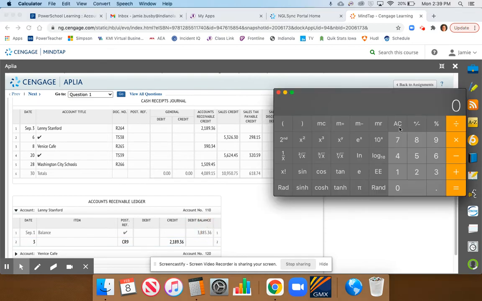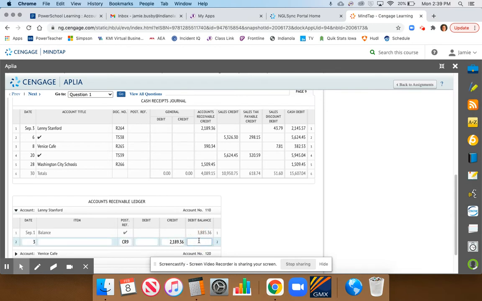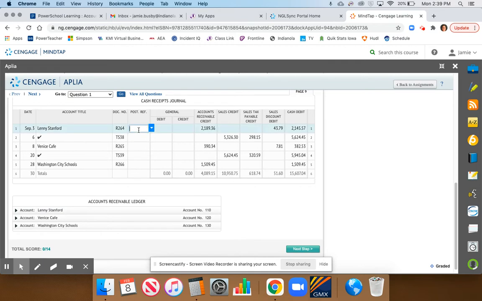So we had a balance of $3,885.36. We'll subtract $2,189.36. So our new balance is $1,696. So that is how much they owe us. We'll take that account number 110 back up into our journal.